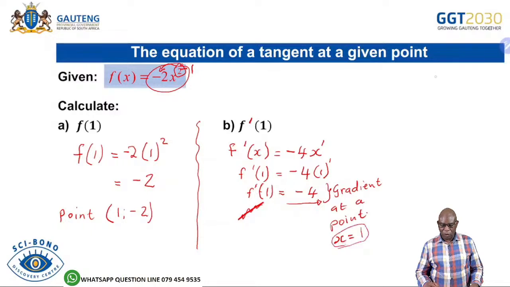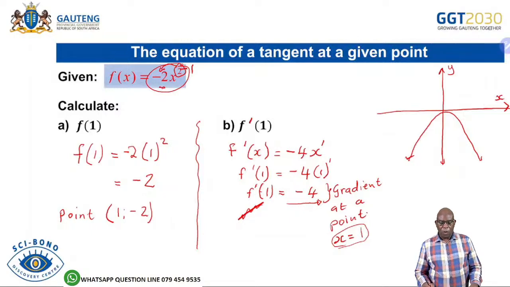Just a quick scenario of what I'm talking about using the graphs. If I draw the graph of that, it will be a graph which is facing downward. The a value is negative, so the graph is facing downward. Now, if I talk of 1, 1 will be somewhere there. This is the point at x equals 1.